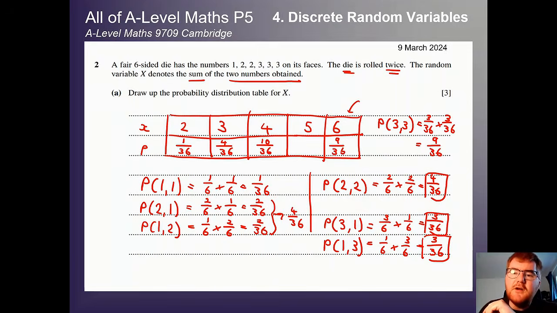And instead of having to work out the last one directly, we can use the idea that the table always adds up to 1. So we have 10, 9, 4, and 1. That gives us then 24 out of 36. Therefore, this needs then to be 12 out of 36. So you can always be a bit lazy with the last one. You can just use the idea that probabilities add up to 1. That's an important fact to remember.